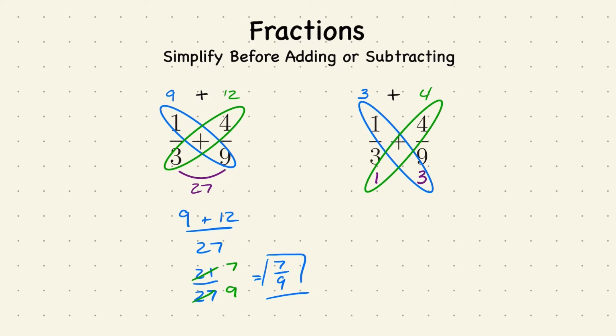What I'm going to do is, it doesn't matter the order, and here's what I mean. I have to take an old denominator and multiply it by a new denominator, okay? And it has to be in the crosswise method, and it doesn't matter. I can do the 3 times 3, and that gives me 9, or I can do the 9 times 1, and that also gives me 9.